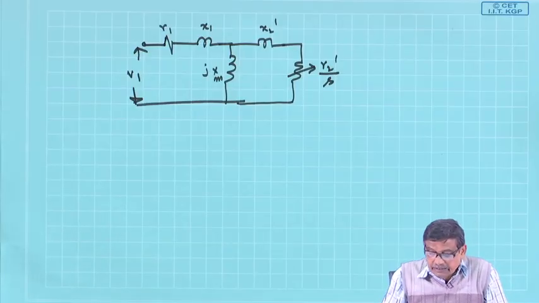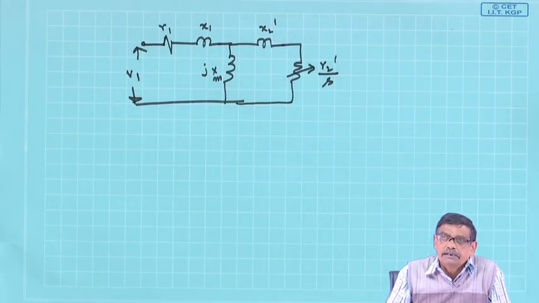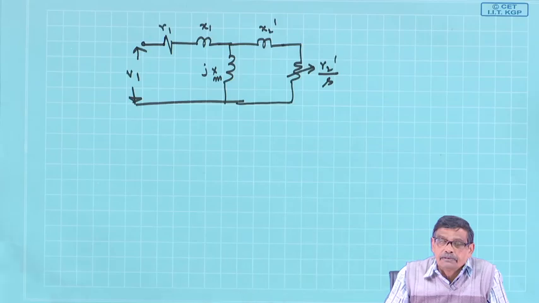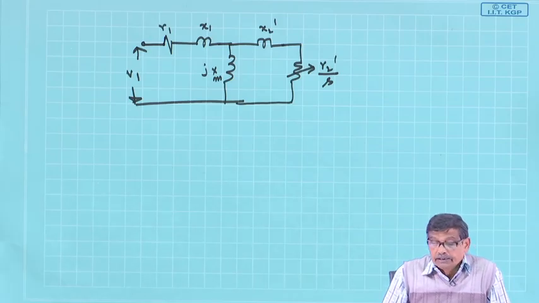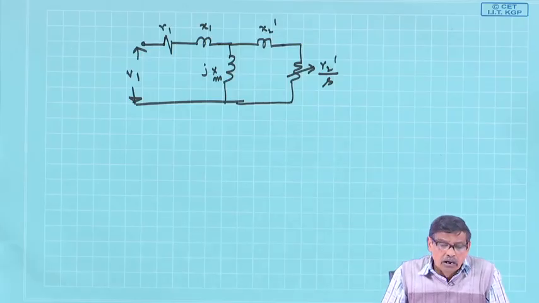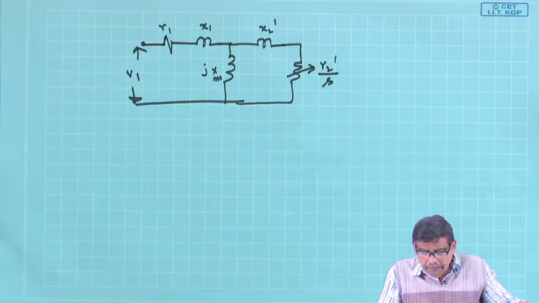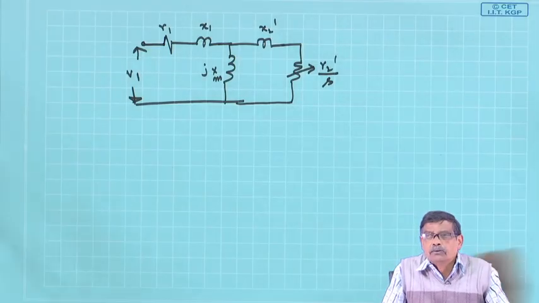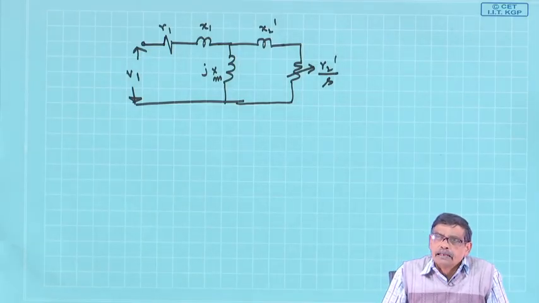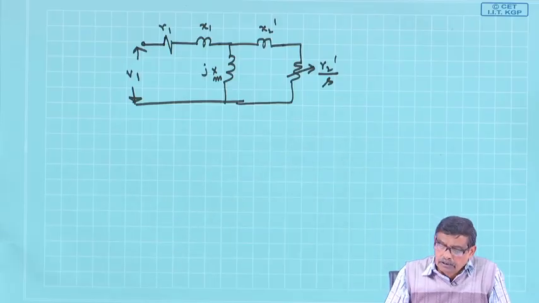Now, the question is, if it is a cage type induction motor, can I draw this type of equivalent circuit? Oh yes, you can. Why? Because I told you the stator reacts on the basis of the number of poles it has created. I can also say that if your rotor is cage type, it can adjust to any number of stator poles.